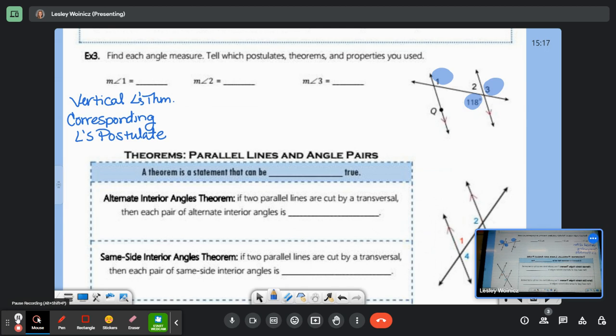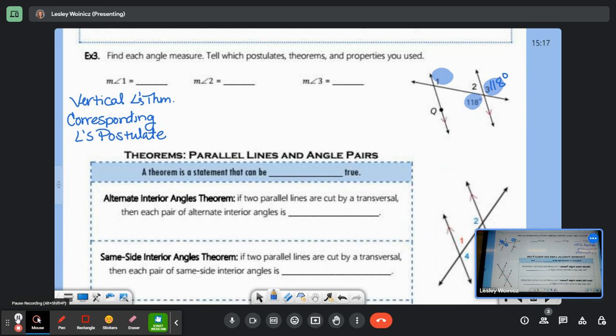Now, what do we know about vertical angles? Vertical angles are congruent. So if this one's 118, then what is this one? 118. So my vertical angles theorem tells me that those two are congruent. They're both 118.